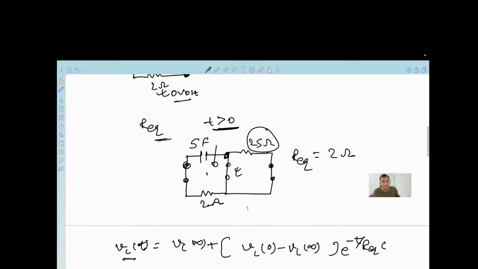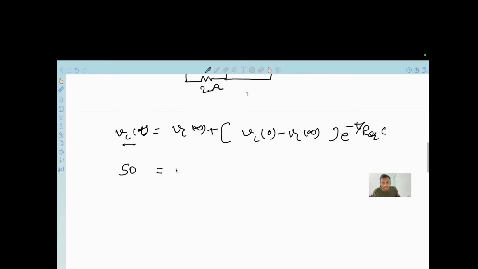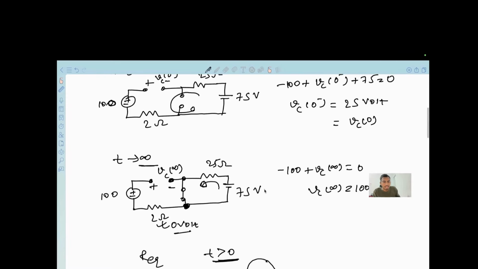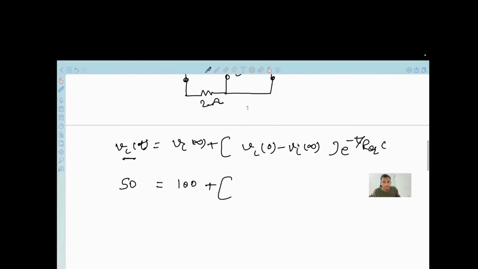Vc infinity is 100 volt. Vc0 is 25 volt. So here we can write 50 equals 100 plus 25 minus 100 times e to the power minus t divided by 2 times 5.